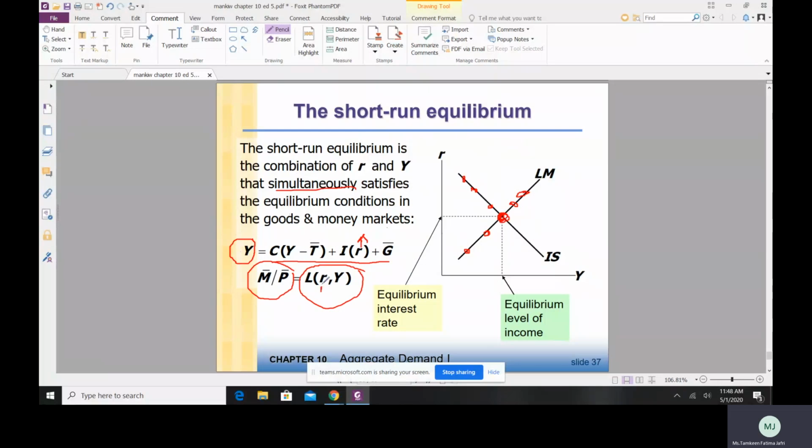When R increases, money demand is going to decrease. The left-hand side is constant, so I have to do something on the right-hand side to restore equilibrium, and the way to do that is by increasing Y. When I increase Y, money demand increases again. As a result, you can see there is a positive relationship between R and Y.